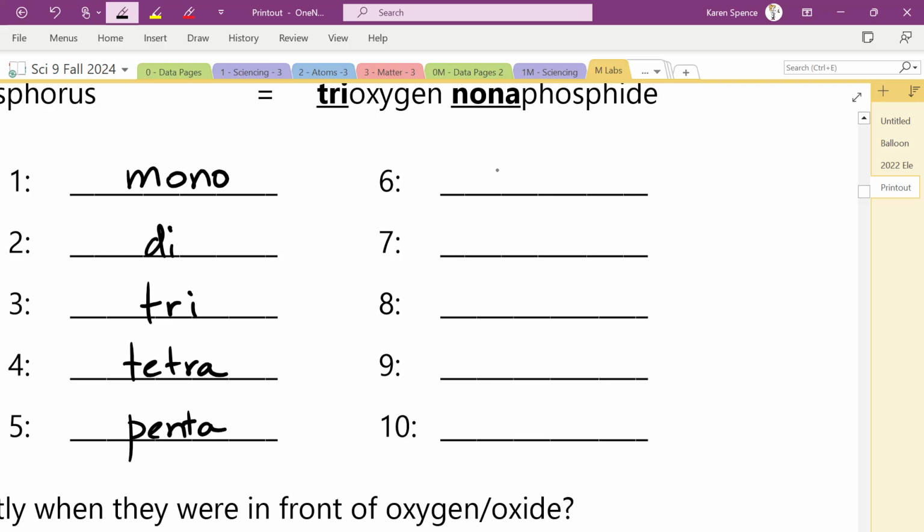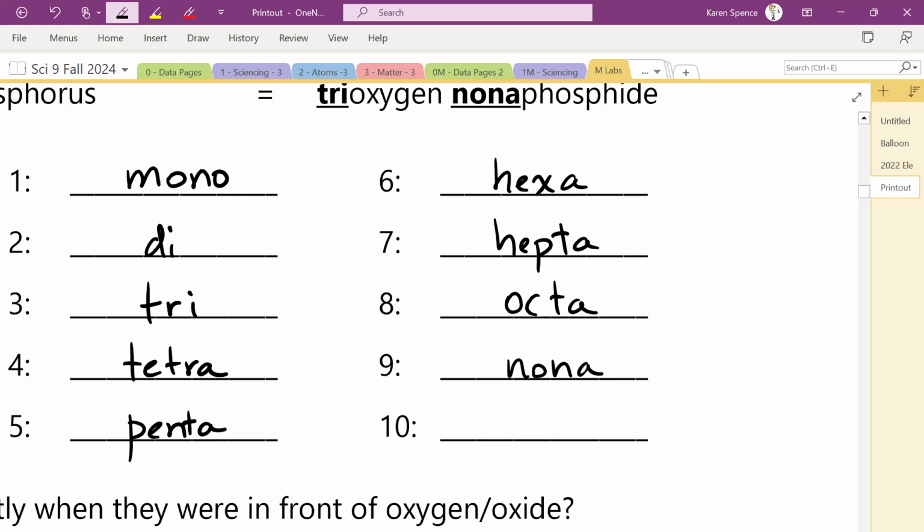6, hexa. 7, hepta. 8, octa. Like an octagon, yes. 9 is nona.